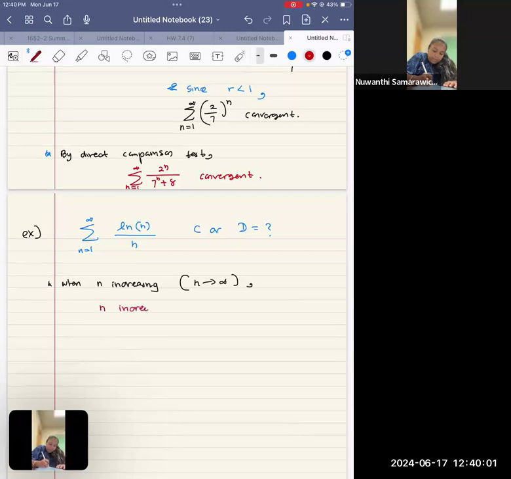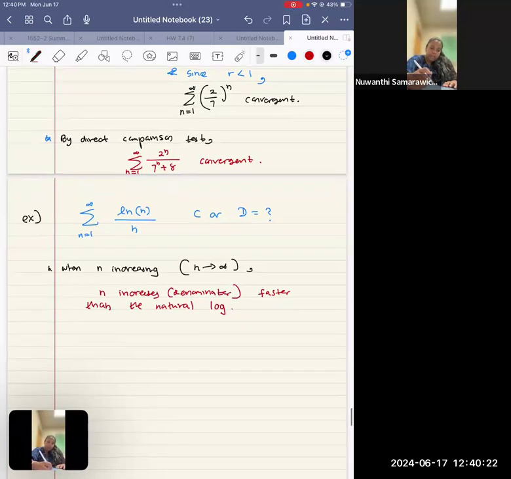The denominator n increases faster than the natural log.